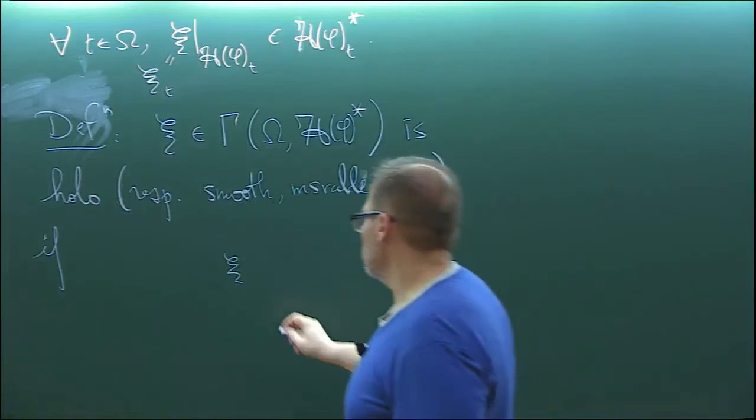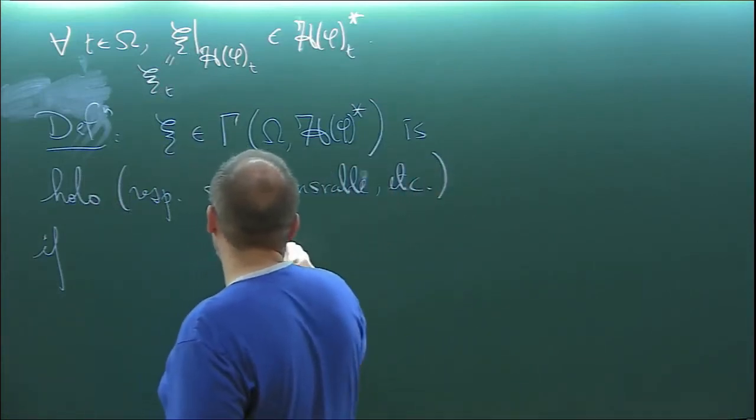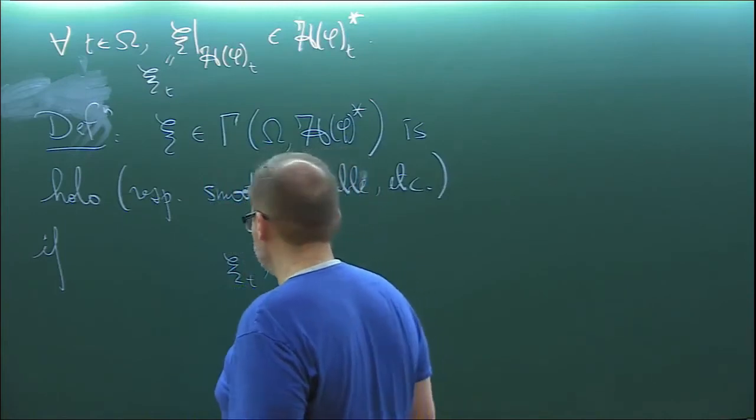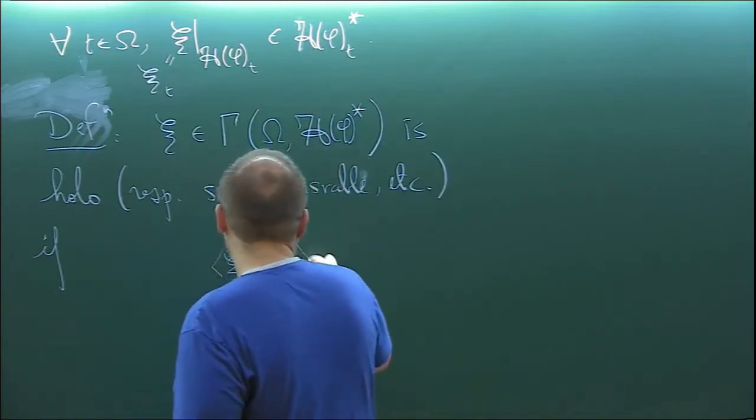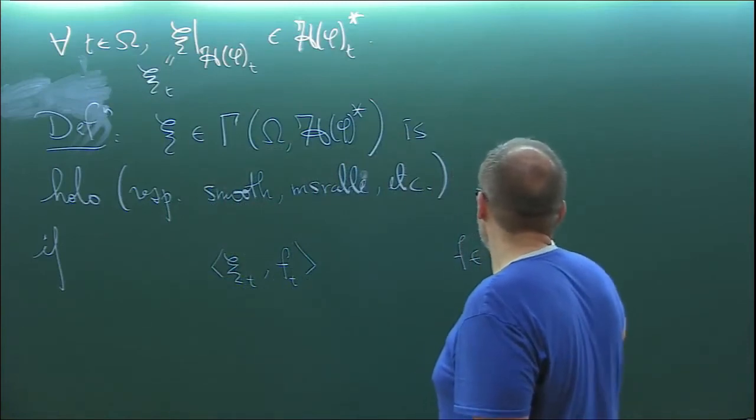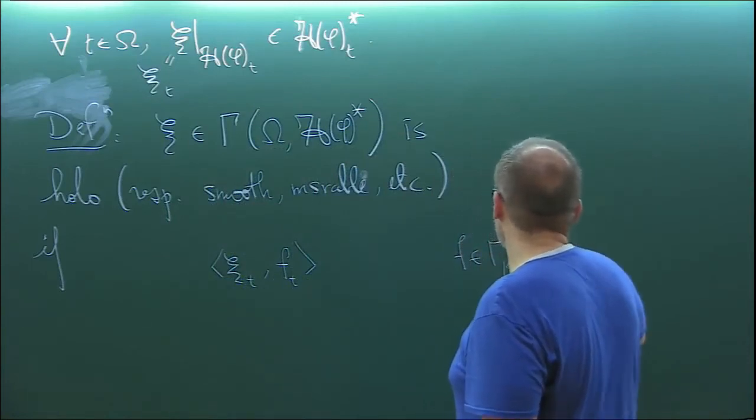If you take one of these C sub t, you can pair it with F sub t, where F is a holomorphic section of the bundle H.